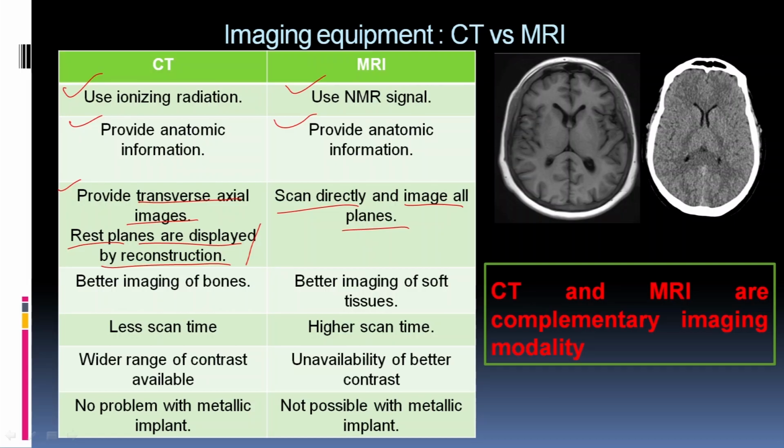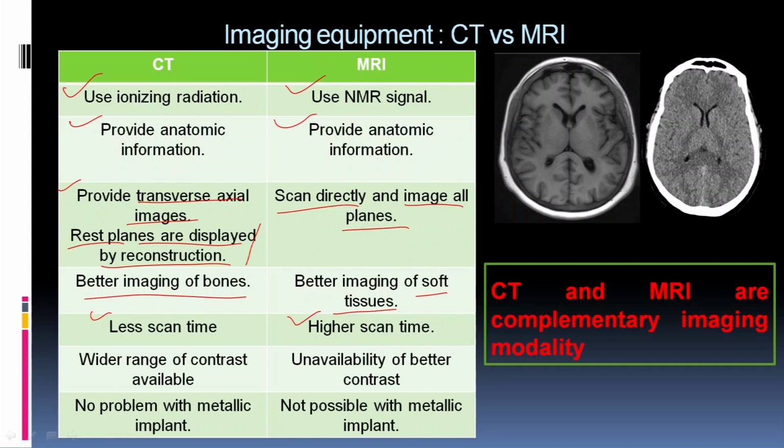CT is better for imaging of bones, and MRI is better for soft tissue imaging. In CT scan, we need very little scan time, but in MRI we need higher scan time. Now, what is the importance of scan time? There are motion artifacts if we take a long scan time to image a patient, because of various kinds of internal or external movements of the patient's body.